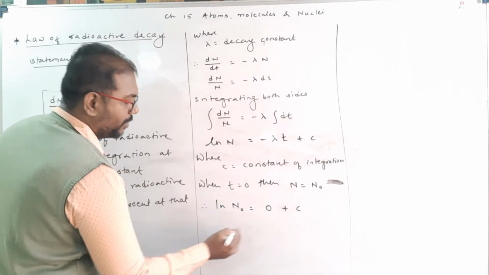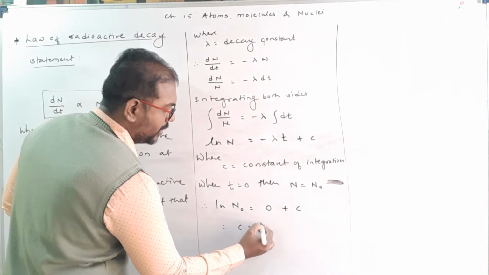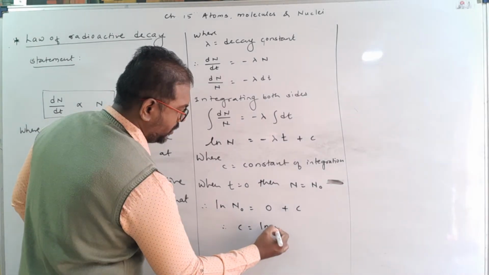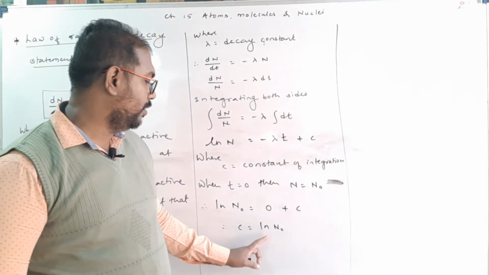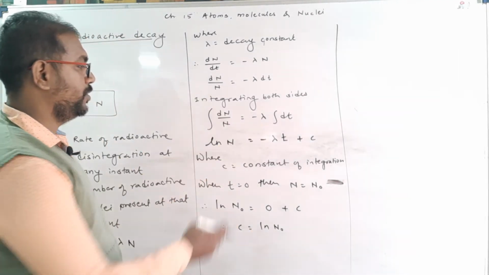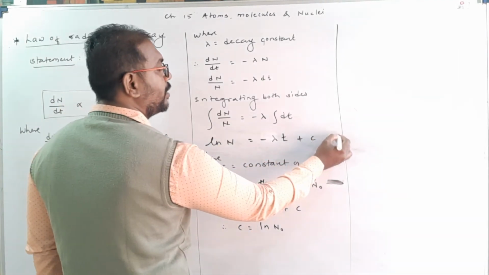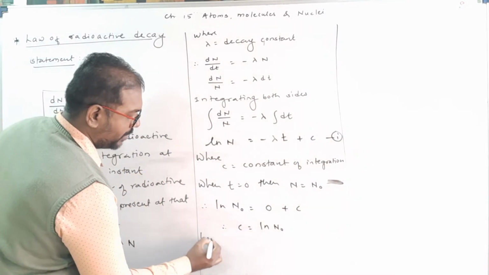So we get the value of c. Hence c is equal to ln N0. That we have to substitute in this equation, which I call equation 1. Hence equation 1 becomes.